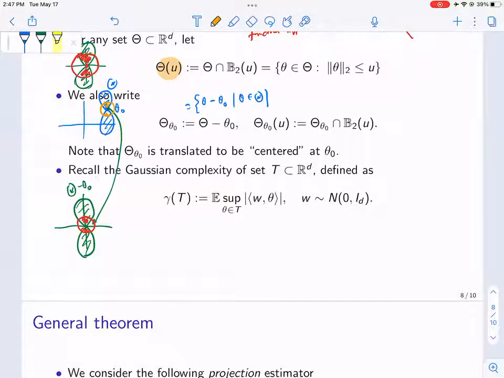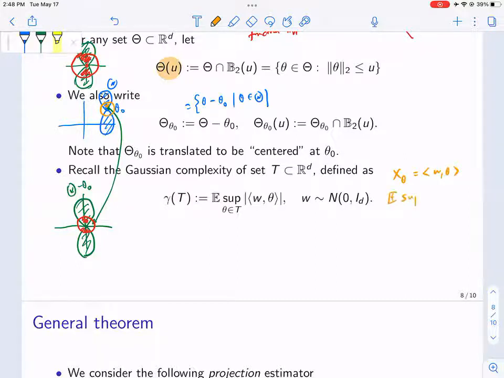This is the notion that we're going to use. In order to measure the size of a set T in R^d, we're going to look at this quantity, which is the supremum of W theta, where W is a random Gaussian vector in R^d with identity covariance matrix. So we're looking at the supremum of a Gaussian process, if you think of theta maps to W theta as defining a process.